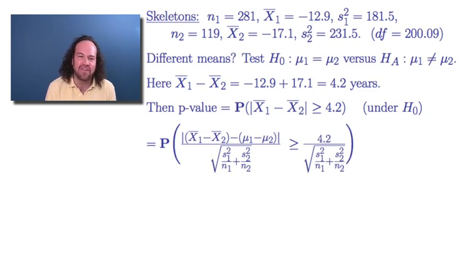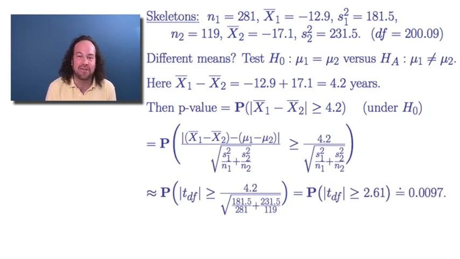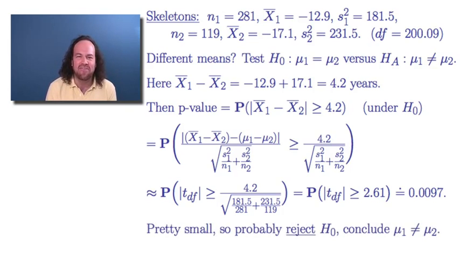The left-hand side is approximately the absolute value of a t-distribution with that number of degrees of freedom, just over 200, and the right-hand side is just some number we can work out. We're asking what's the probability that a t-distribution with that many degrees of freedom is bigger than or equal to 2.61? The answer is that's pretty small, a little less than 1%. So unless you have a very small significance level, you're probably going to say we should reject H0. That means we would conclude that indeed mu1 is different from mu2. Indeed, the mean age difference for the male skeletons, even the true mean, is simply not the same as the true mean for the female skeletons.